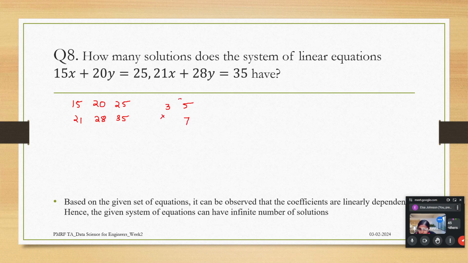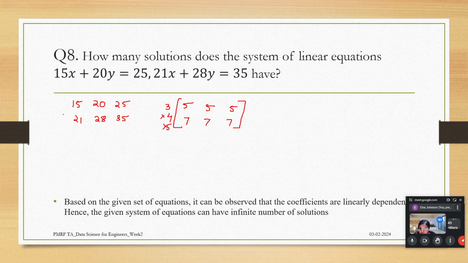Then if you take 4 outside, 4 5s are 20 and 4 7s are 28. And then 5 5s are 25 and 5 7s are 35. So when you look at this, yeah, linearly dependent. And if you reduce this also, you will be getting infinite solutions.